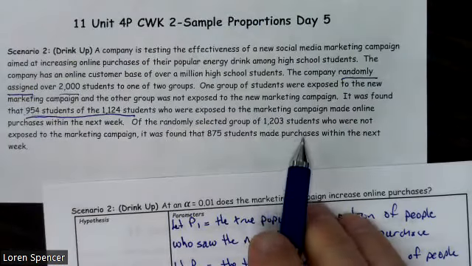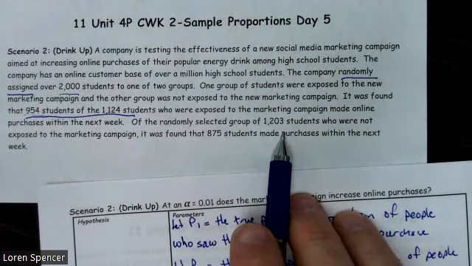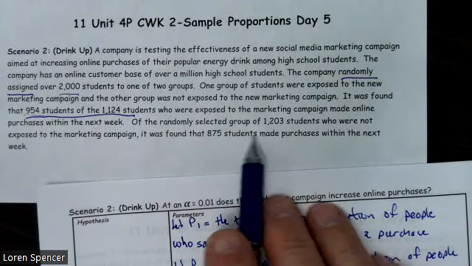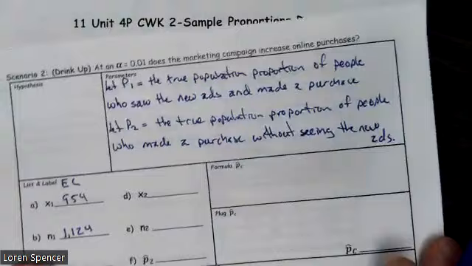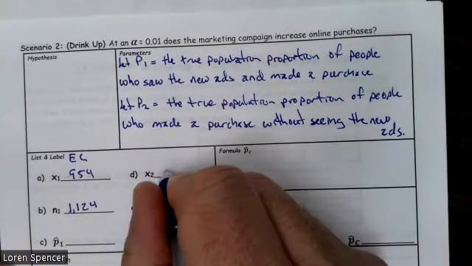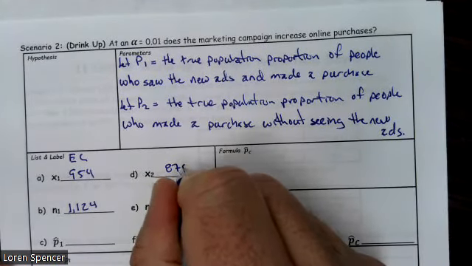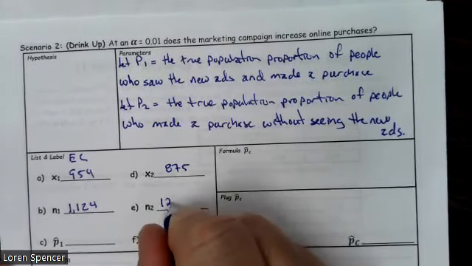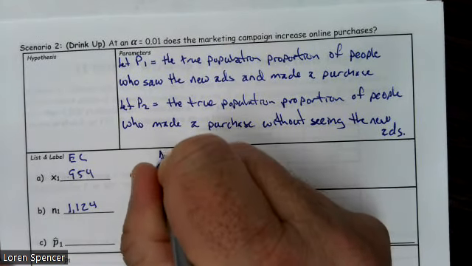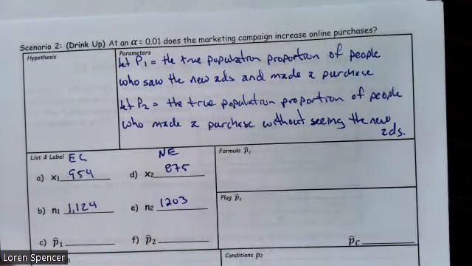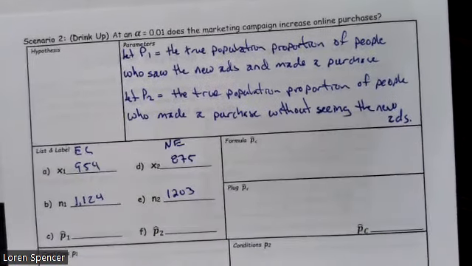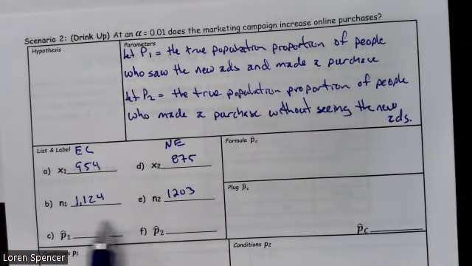And the other group was not exposed, and the sample size was 1,203, and 875 made purchases. So 875 out of the 1,203, and I'm going to put NE for not exposed. All right, we might as well get our p hat 1 and our p hat 2 done.